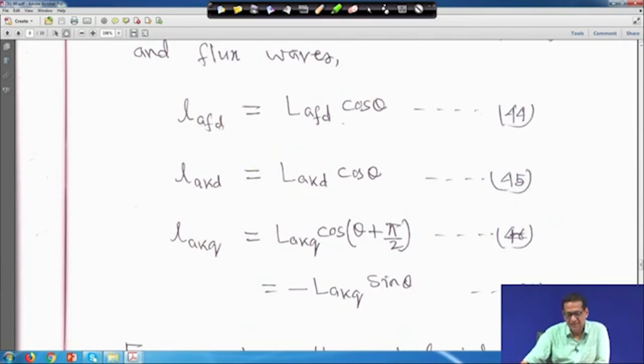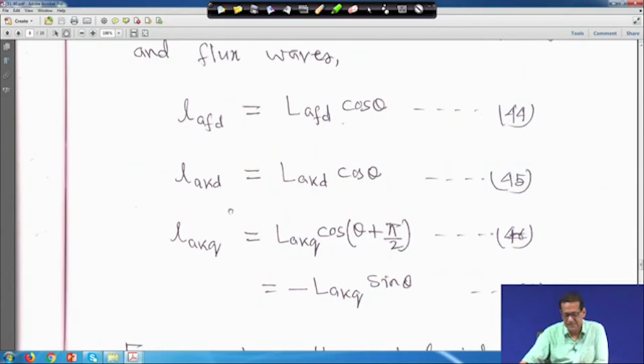So, we can write that LAFD is equal to capital LAFD, this is a peak value, cos theta, right. And on the direct axis, apart from this field winding, you have the armature winding, right. Therefore, small LAKD is equal to capital LAKD cos theta. This is equation 45, right.